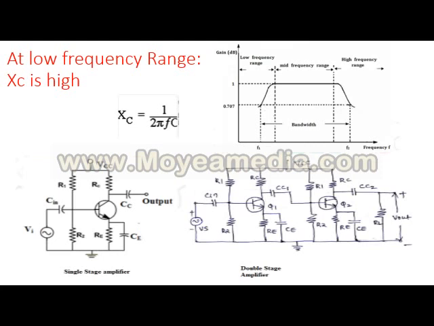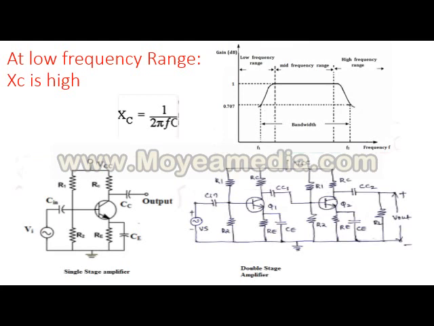So we can say that as a result only a small part of the input signal, you have to consider the single stage amplifier in this slide. So when frequency decreases the reactance increases.